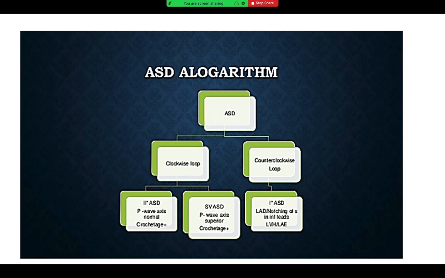Okay, so the one with counterclockwise loop is the one with primum ASD. In the primum ASD, LAD will be there. Okay, left axis deviation is going to be there, and notching of the S waves, especially in the inferior leads, we are going to notice. However, in the clockwise loop, as I said, there can be further two types as well. So one can be the secundum ASD. Secundum ASD, what did I say?